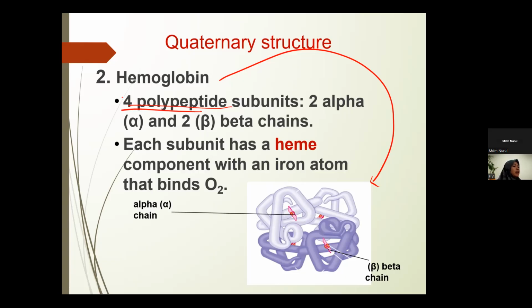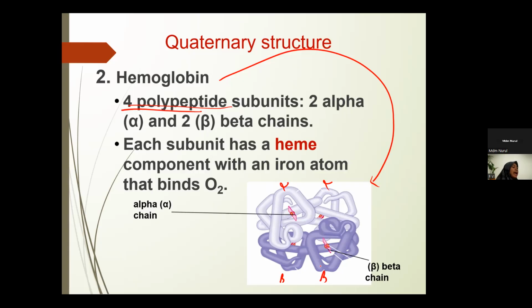2 alpha dan 2 beta. Yang mana alpha, mana beta? Yang mana kelabu ni alpha chain. Yang purple tu beta chain. Okay. So dia ada 2 alpha. Satu polypeptide. So ada 4.